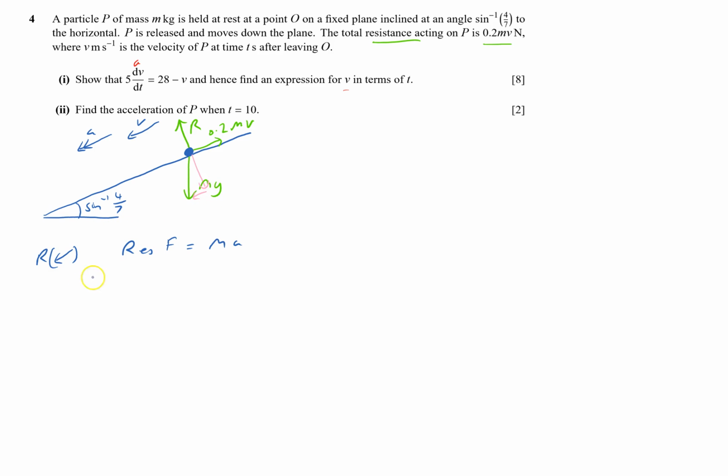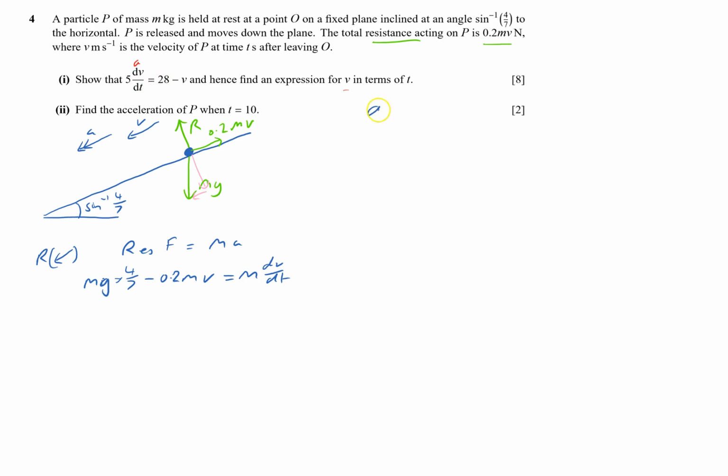We've got this part here, so that will be mg sine theta, and sine of sine to the -1 cancel, they're inverse operations, so it'll be mg times 4/7 minus 0.2 mv. That's our two forces, and that will equal the mass times the acceleration, which is dv by dt, because that's what we wanted.